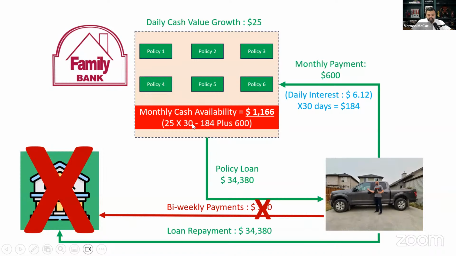So we subtract from what I can access $184 on a monthly basis, plus I'm paying back $600 a month to the policy loan. So every time I pay $600 back to the policy, I can go back and access $1,166. I say again, I pay $600 back to my policy loan, I can go back and access $1,166.